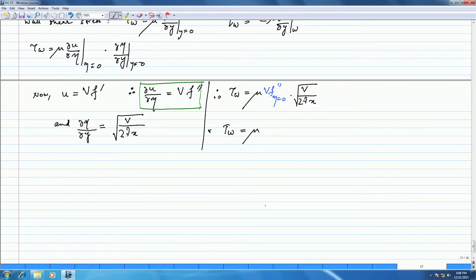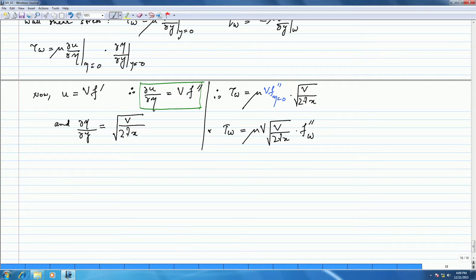I am just going to say that this is going to be 1. Cross check that for yourself. So, I write v, and then v by 2 nu x. Let me just write this as f double dash at the wall. So, think about how f double dash at eta equal to 0, or at the wall, will behave.